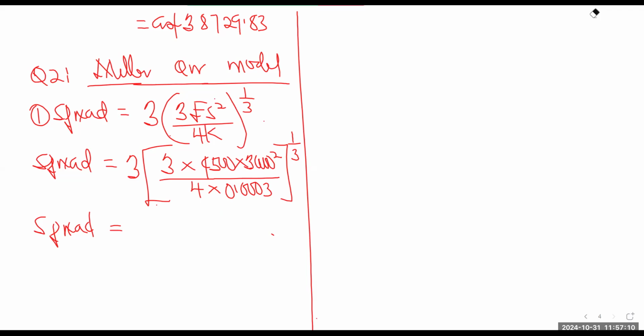So what are we having for the spread? 3 multiplied by 104,004.19. Can someone confirm that for us? Yes, it's correct. So I use the 3 to multiply that, then we have the spread.